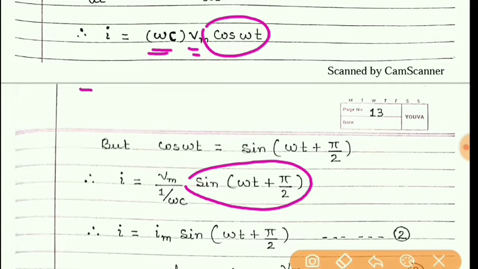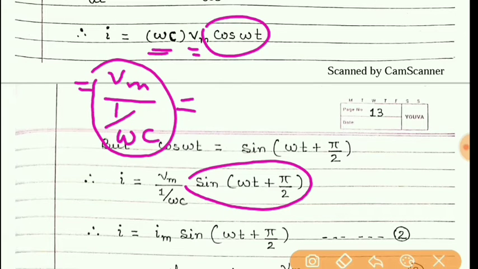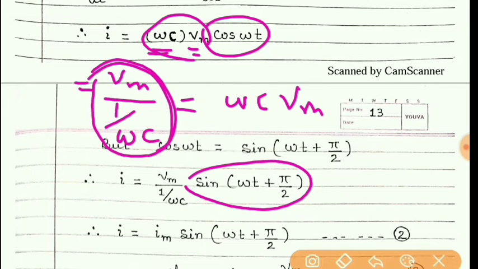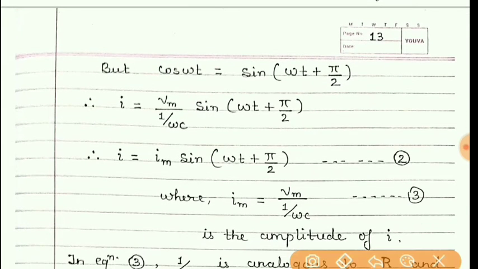We have written this term like this, Vm upon 1 upon omega C. Can we write this like this? Because once again, if you simplify this, you will get the same thing, omega C Vm. So in place of this, I have written this type of term.